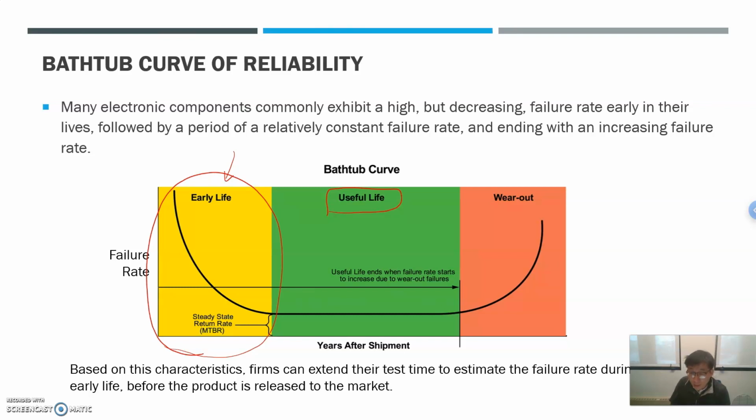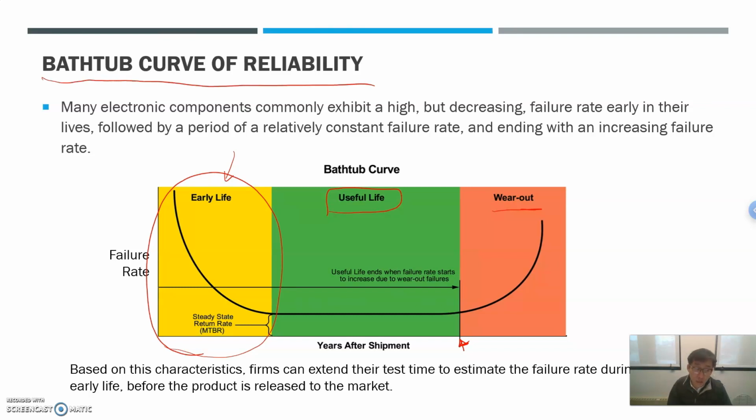Once it stabilizes, let's say you have driven 1 year or so, it enters the useful life, and you won't experience as many failures as in the early life. And then once the warranty period, the so-called useful life, finishes, it's entering the wear out period, and you will also experience a fairly high failure rate. So this is the very famous bathtub curve of reliability model.